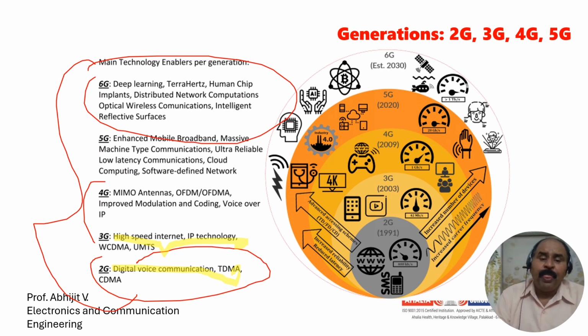In the same way, from 4G we started changing from Internet of Things to Internet of Everything. Almost every machine, everything that is being used by human beings started getting connected to the internet.